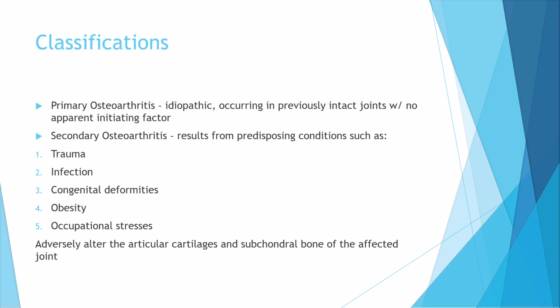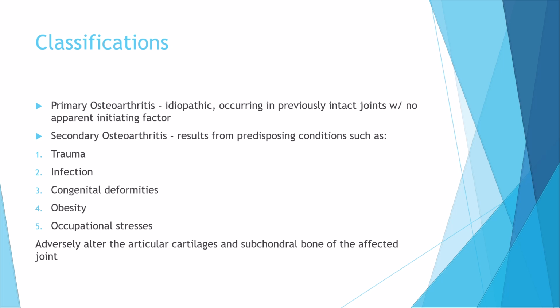Classifications. There are different classifications of osteoarthritis. You have primary osteoarthritis and secondary osteoarthritis. The primary osteoarthritis is idiopathic. It's an idiopathic phenomenon, and it occurs in previously intact joints with no apparent indicating or initiating factor.